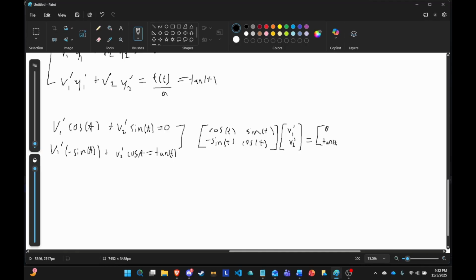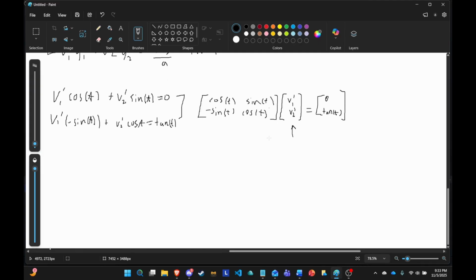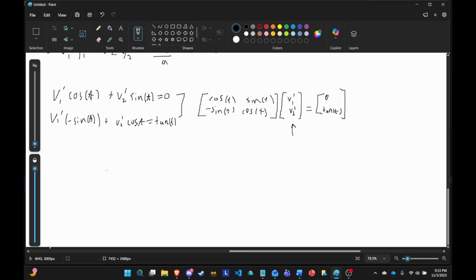Now you've probably learned a few ways to solve a system like this for our v column. But one way I like to do it, and it's pretty quick to do on exams as well, for a 2x2 matrix on the left-hand side, is to use Cramer's rule. It's very simple. So v1 prime is going to be equal to the determinant where we replace the first column with the right-hand side.